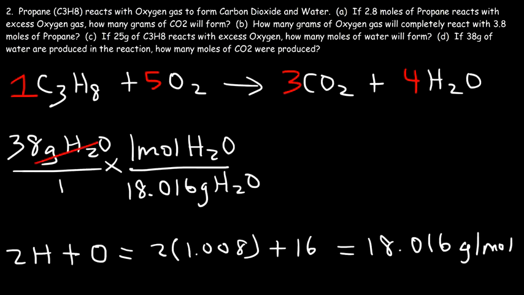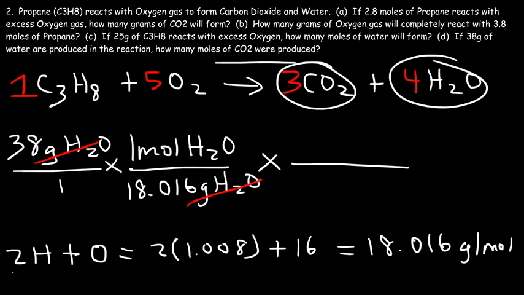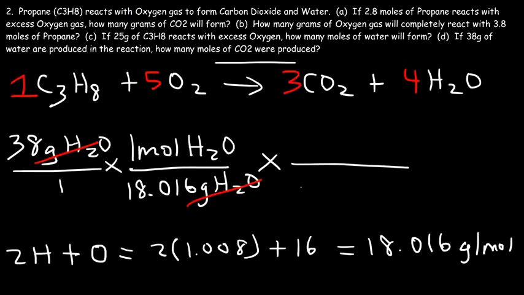So now we can move on to our last step, and that is converting moles of water to moles of CO2. So the molar ratio is 3 to 4. So for every 4 moles of water that are produced in this reaction, 3 moles of carbon dioxide are produced along with it.